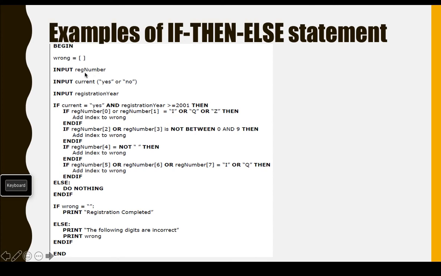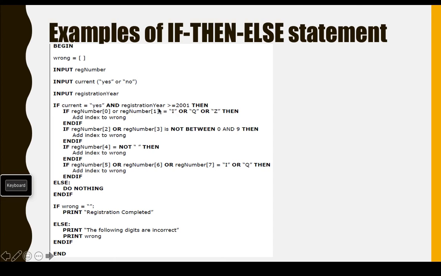Input, again very straightforward. We're taking an input of the reg number, and then we're taking an input of current, which is a Boolean thing to say is it yes or no. Registration is another input. And then we've got an if statement, which is checking to see if current is equal to yes and registration is greater than or equal to 2001. Again, we're checking what's been entered here.